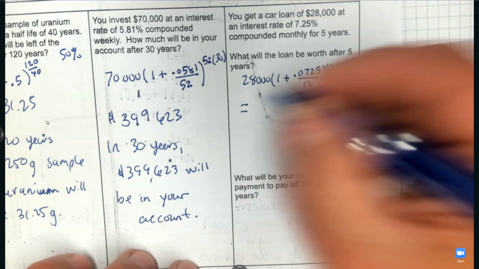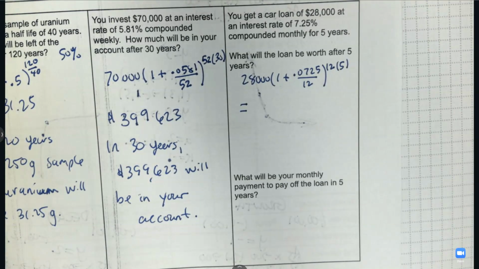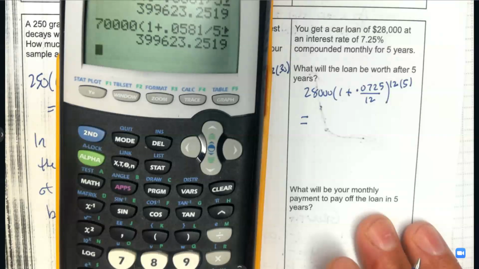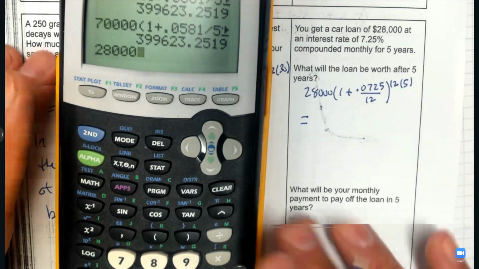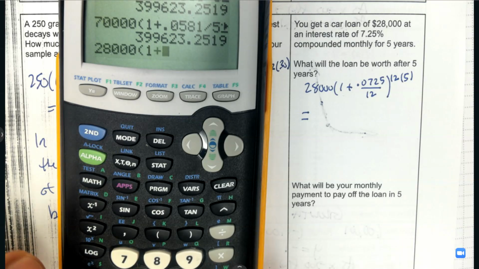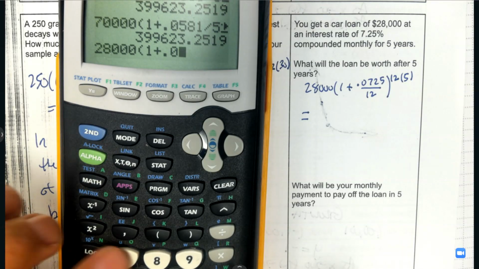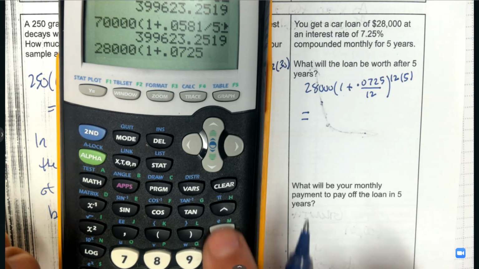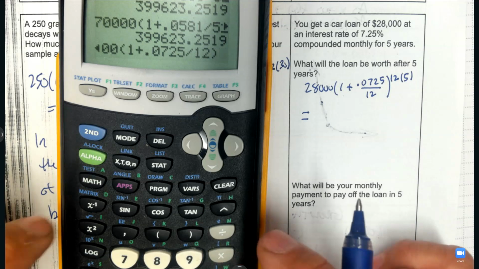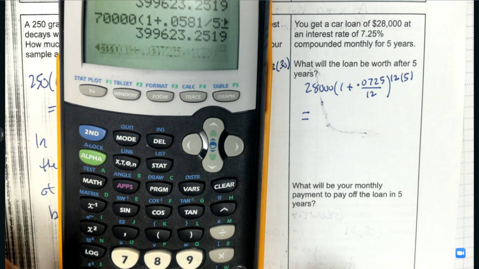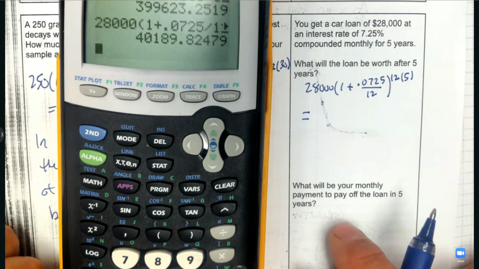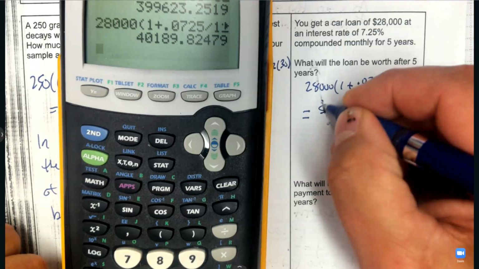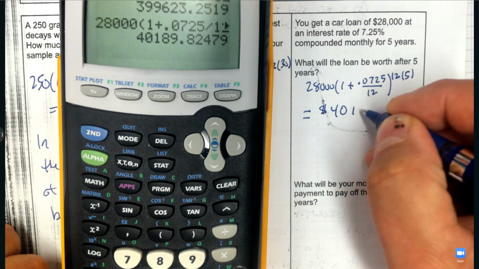So we're first going to see what is the price of your loan. How much really is the cost of that vehicle? So 28,000, 1 plus 0.0725 divided by 12. And then 12 times 5, or 60. And so the true price of that vehicle is actually 40,189.